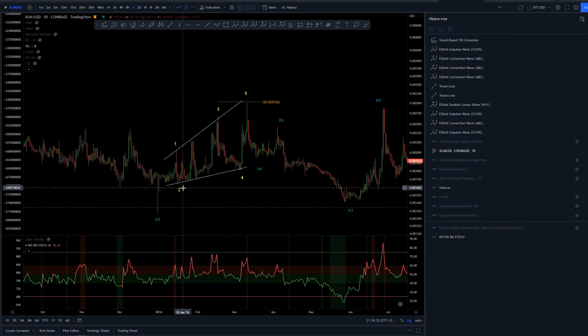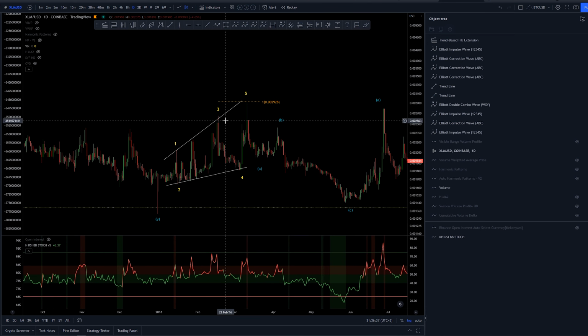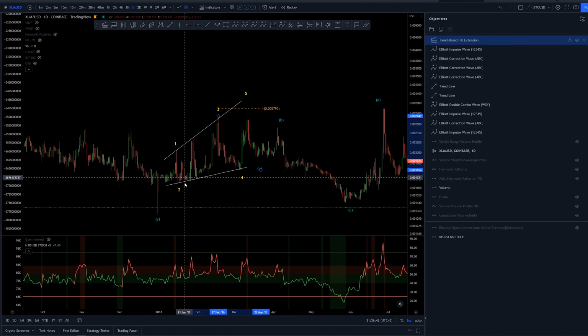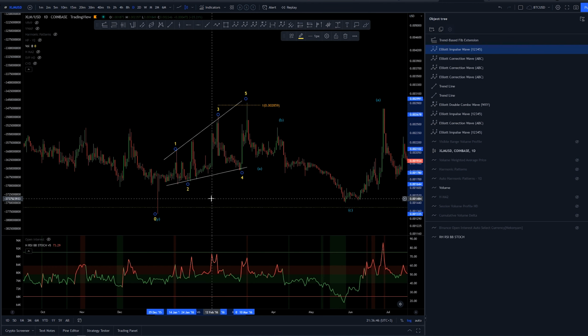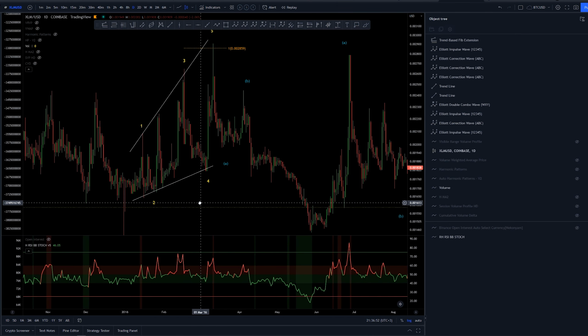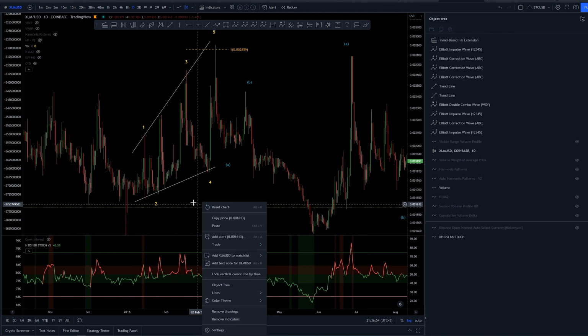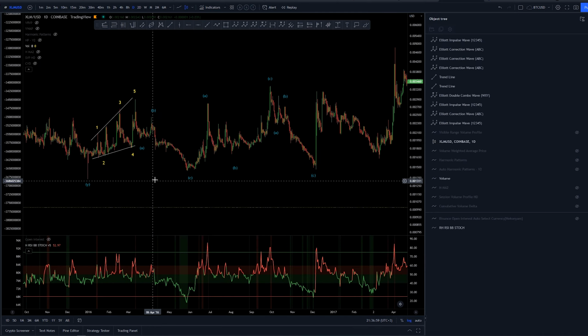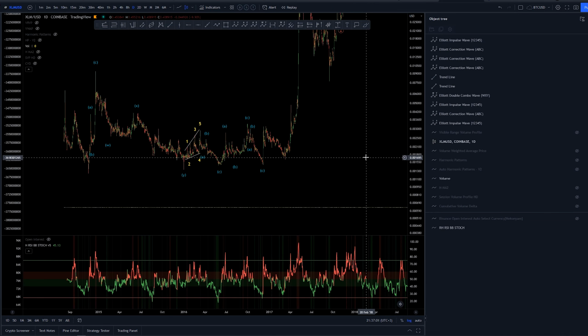So if we have this, if we are placing the wave 2 down here, then it would be perfect. But again, saying that this would be a truncated wave C, I guess it's possible. But either way, we are really close. I think this is the closest I'm going to get on this time schedule.